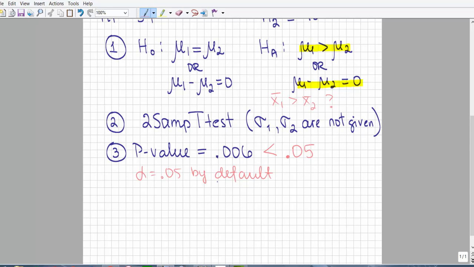So what does that mean? Now we gotta write a conclusion. The conclusion here is to reject the null hypothesis.